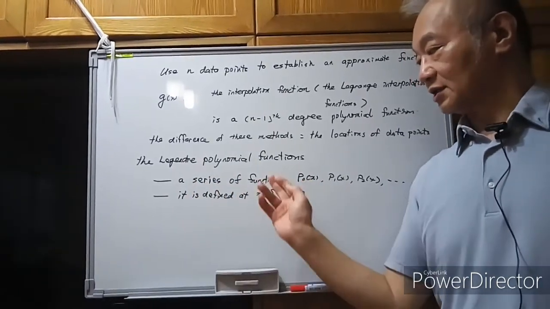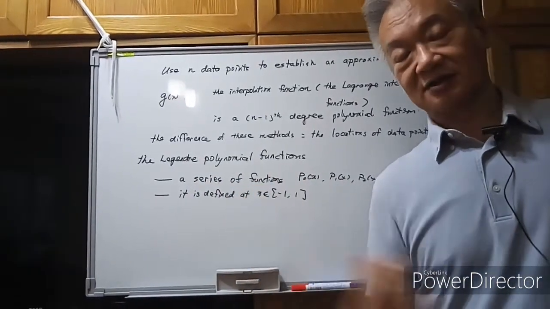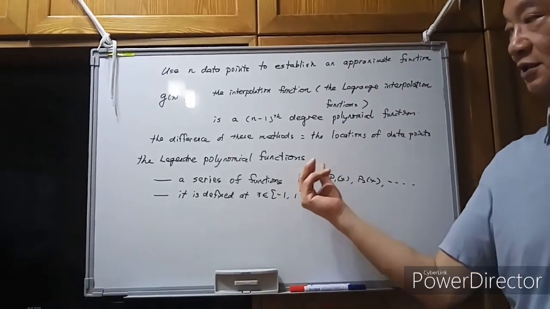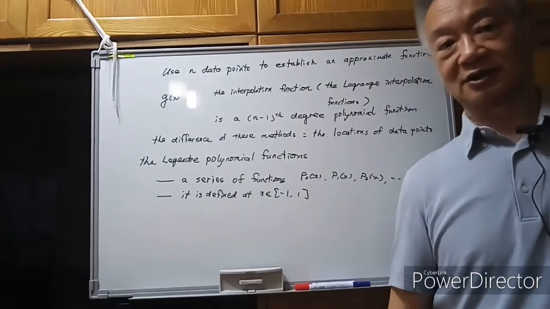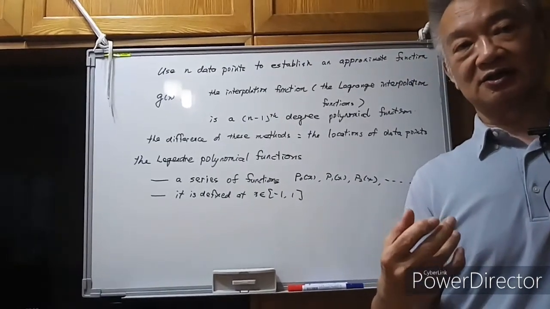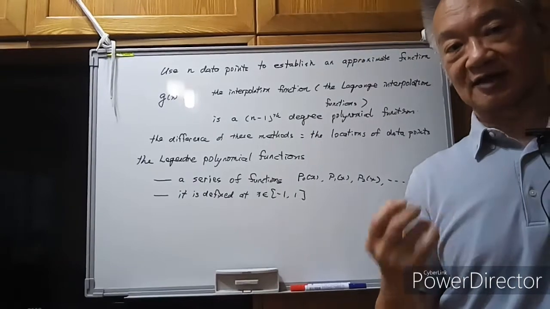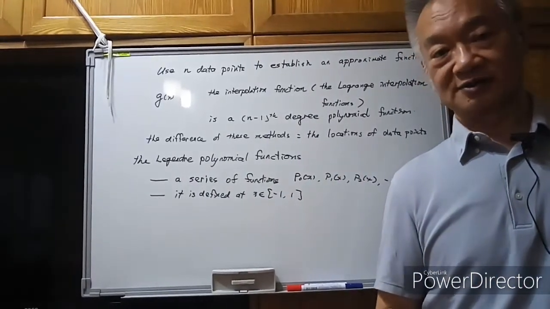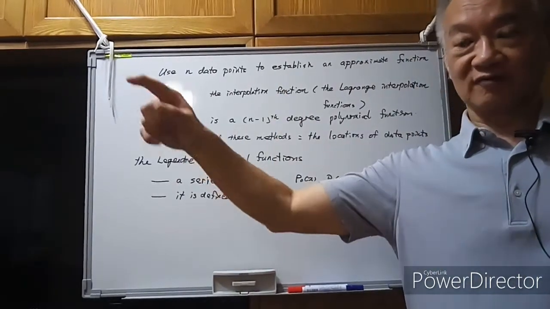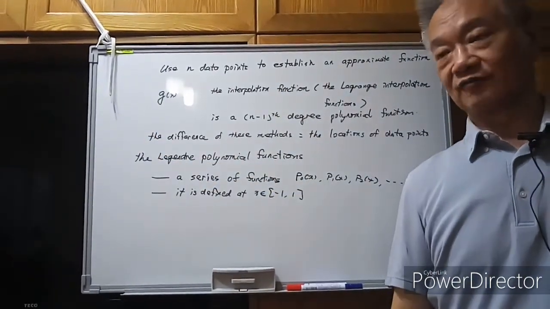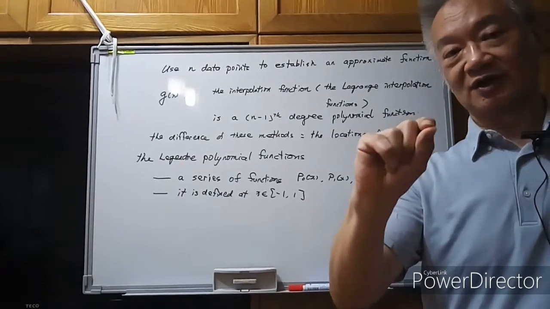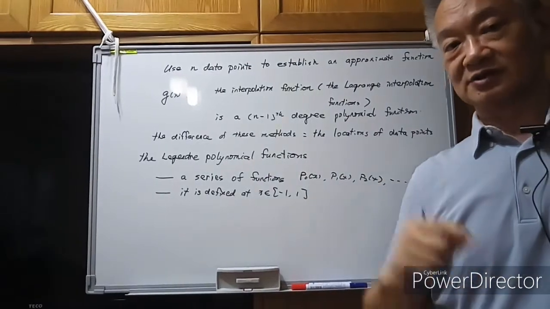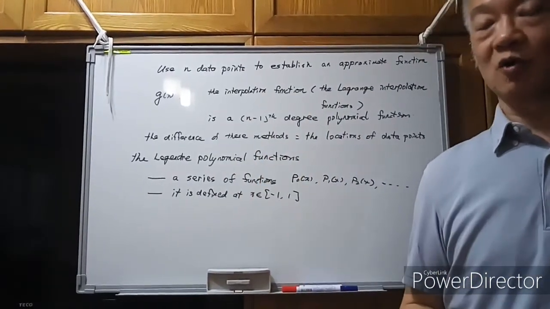The reason why the range is fixed at -1 to +1, I think one of the reasons is that the Legendre polynomial functions are derived from either the cosine function or the sine function. If you check the values of the sine function, it is a wave shape. The minimum value is -1 and the maximum value of the sine function is equal to 1.